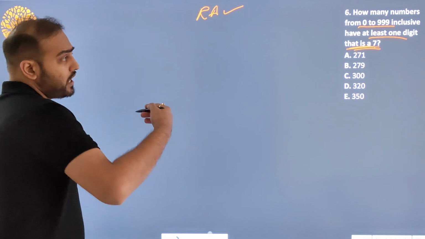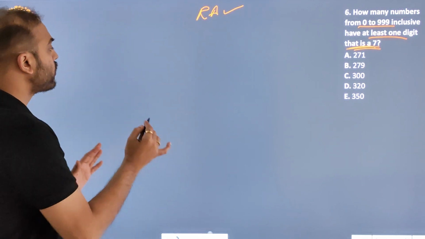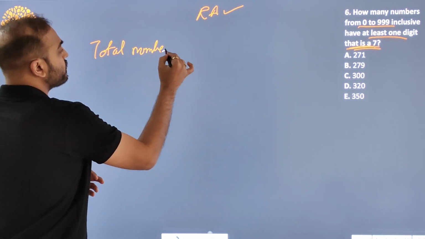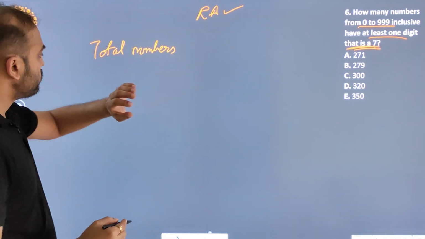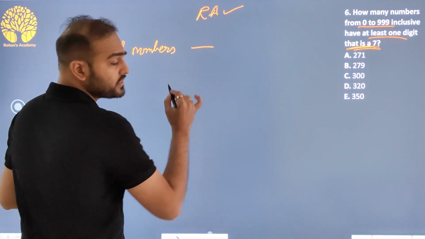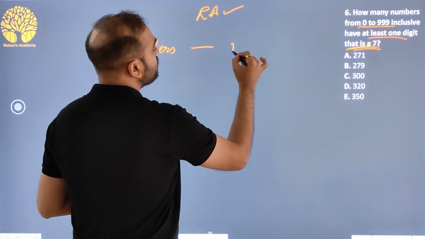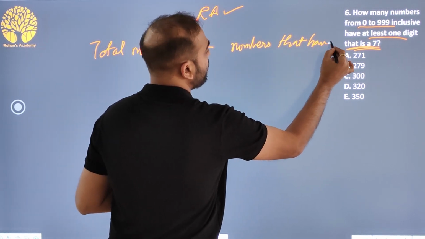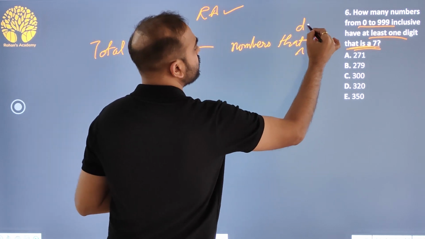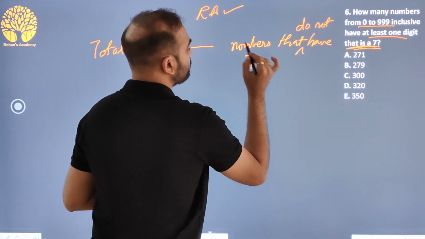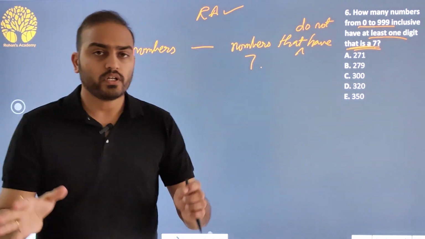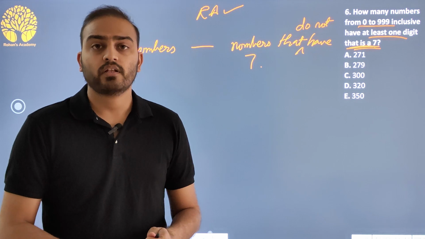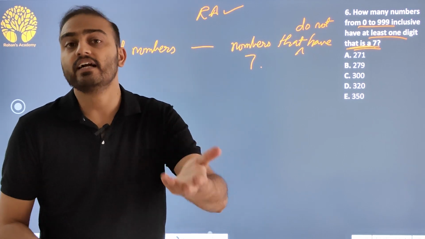Okay, so an interesting way to look at it is, I'll do total numbers, 0 to 999, minus the numbers that do not have 7. So from the total, if I remove all the numbers that do not contain any 7, the leftover numbers will definitely contain a 7.